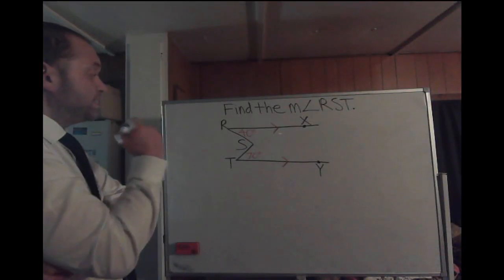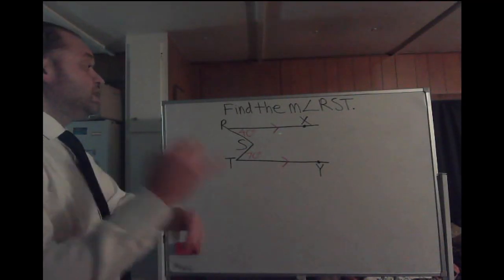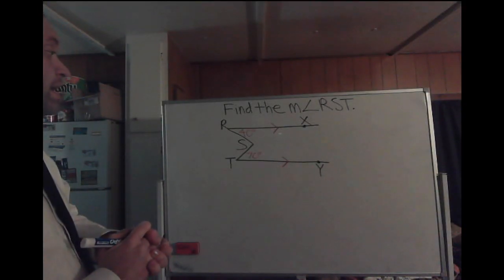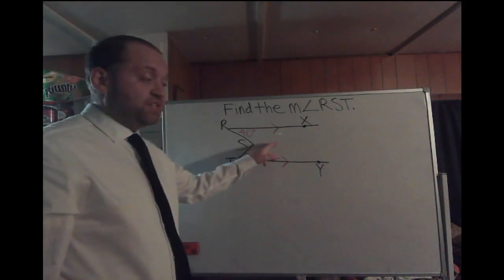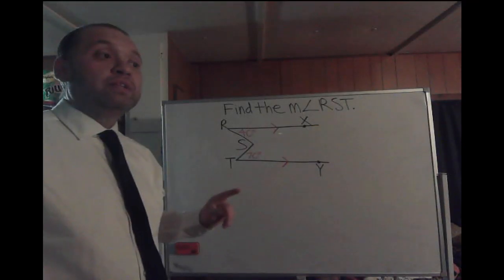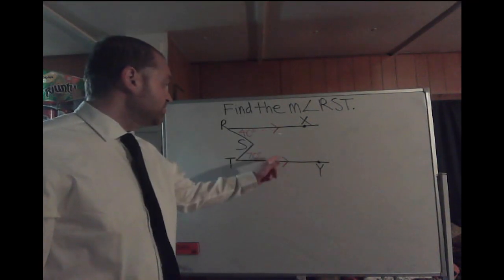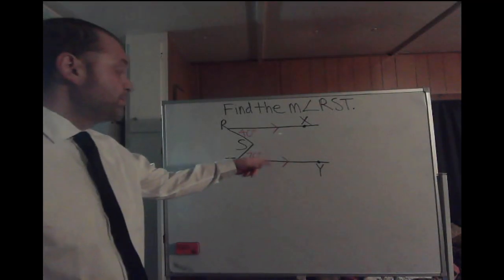So there is a way to approach this. Remember that theorem we just learned that through any point outside of a line, there is exactly one line parallel to the given line? So you could pick line RX or line TY, it doesn't matter.